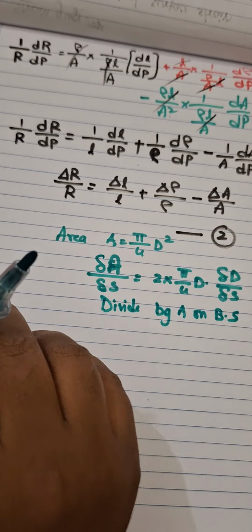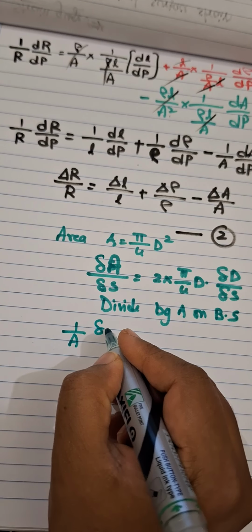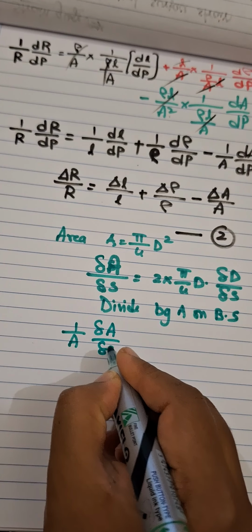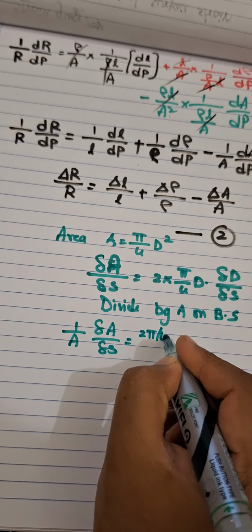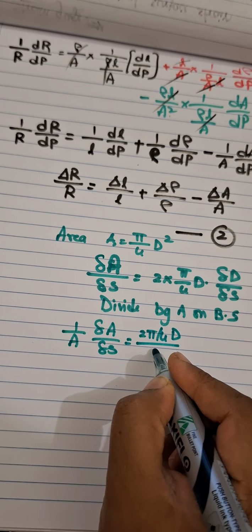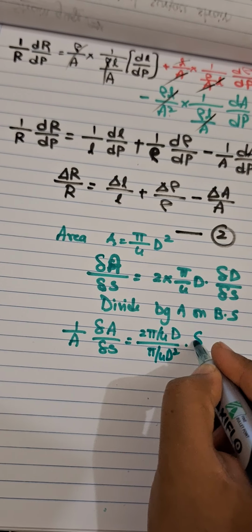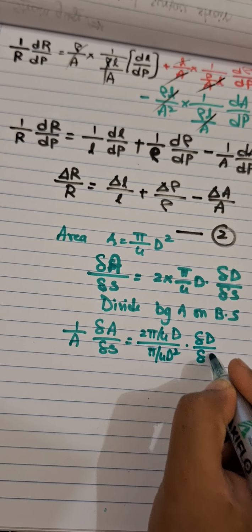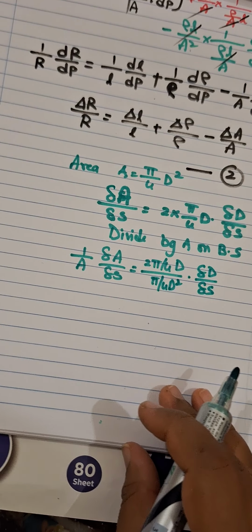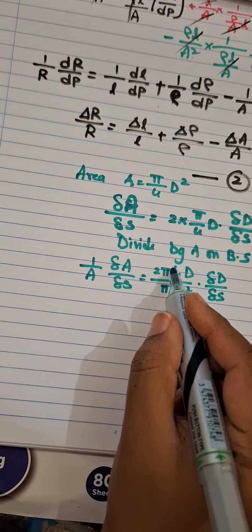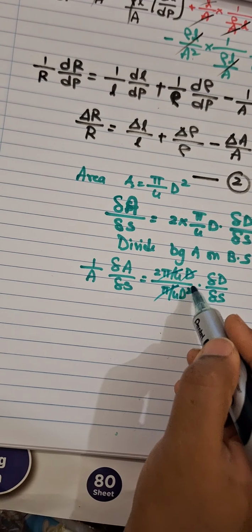So now what happens? 1 by A, del A by del S is equal to 2 into pi by 4 d by pi by 4 d square into del d by del S. That is how we are writing, because 1 by A means pi by 4 d square. Pi by 4 cancel, d square cancel.